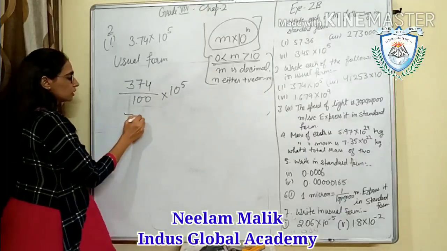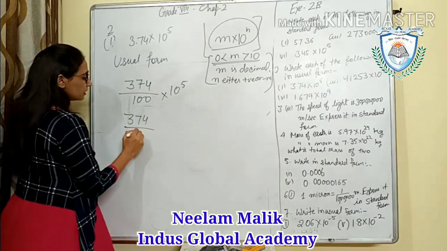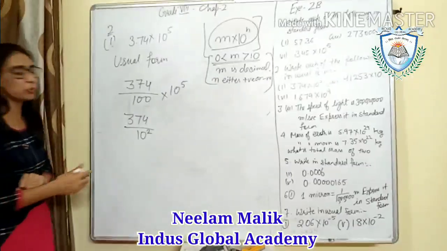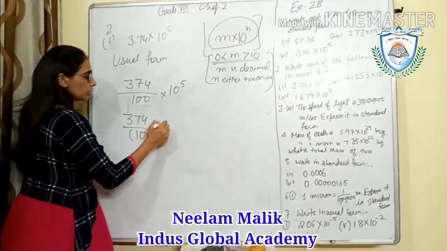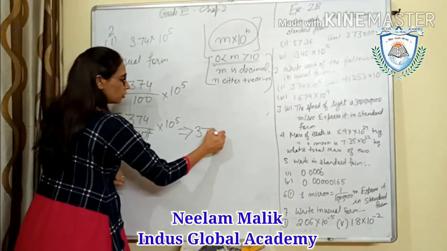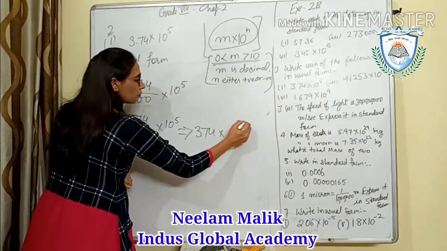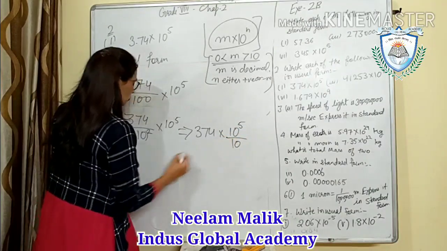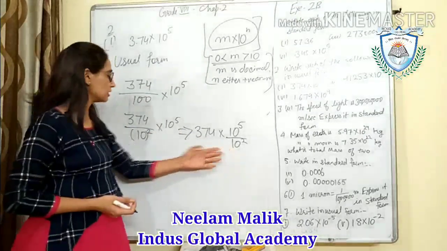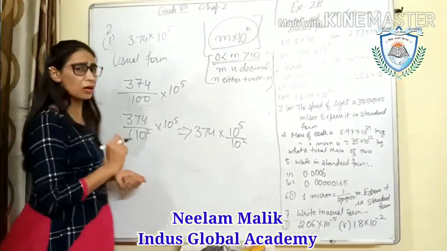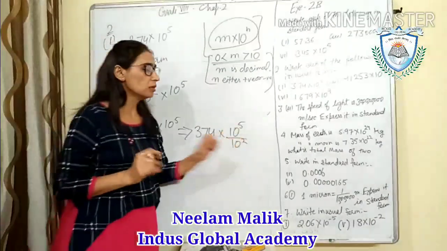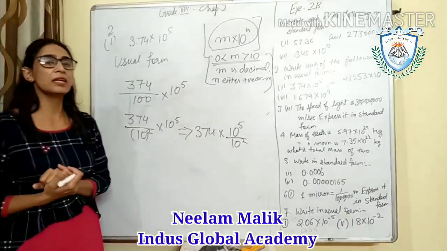Now we can write 100 as 10 raised to power 2. Here is 10 raised to power 5. The next step is 374 into 10 raised to power 5 divided by 10 raised to power 2. We can write it like this. Now, the bases are the same but the powers are different and they are in division.